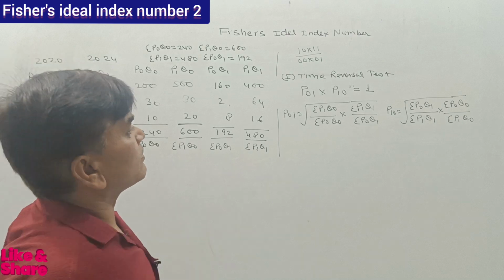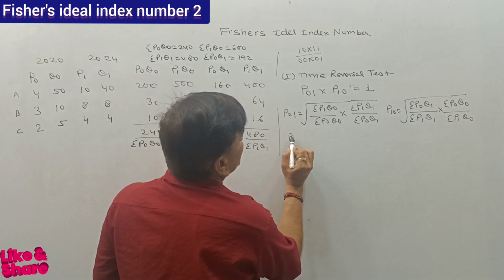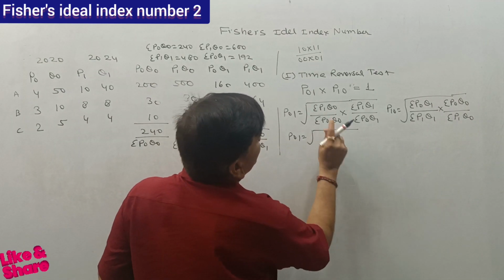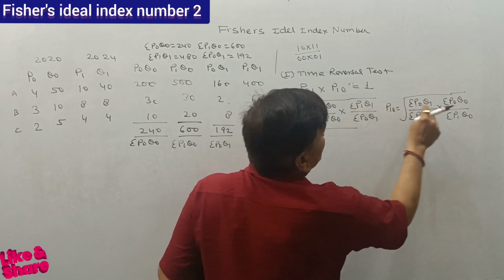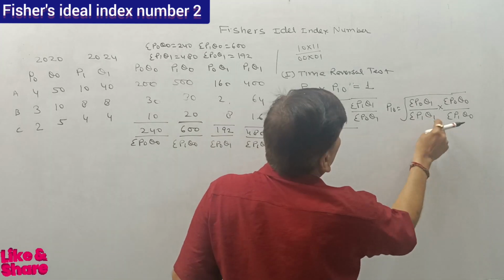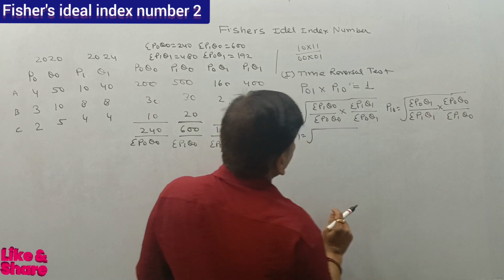This change we have done. So for P10, where this was 1, now it is 0, and where this was 0, now it is 1.